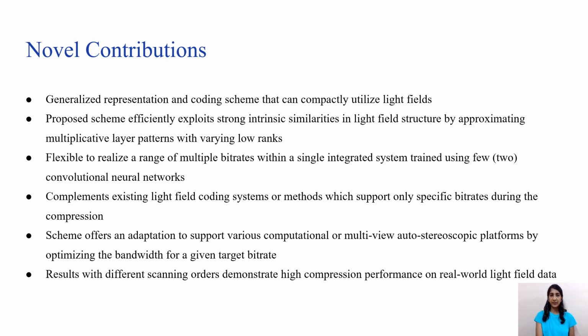Our scheme offers flexibility to cover a range of multiple bit rates using a single integrated system. This feature sets our work apart from other existing light field coding methods, which usually train many systems or networks to support only specific bit rates during the compression.